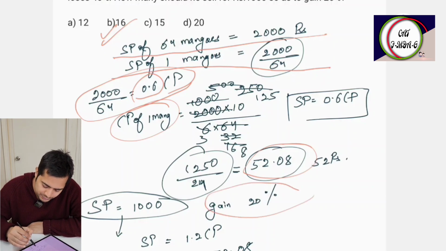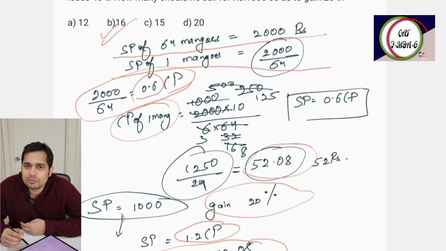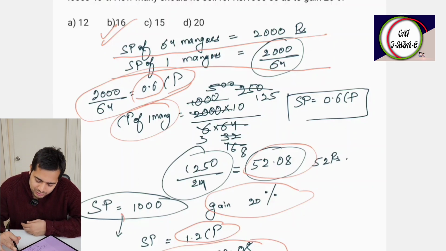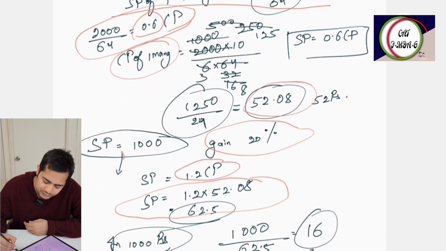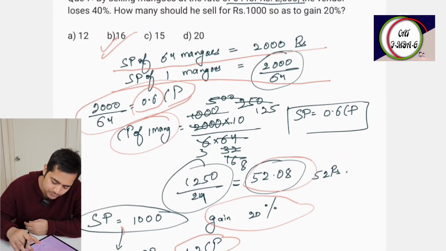So gain is 20%, then 1.2 CP. We found out the selling price of one mango. Then we found out that in 1000 rupees, how many mangoes will he be able to sell? This was the way. 16 is the right answer. Option number B. Let's move ahead to the next question.